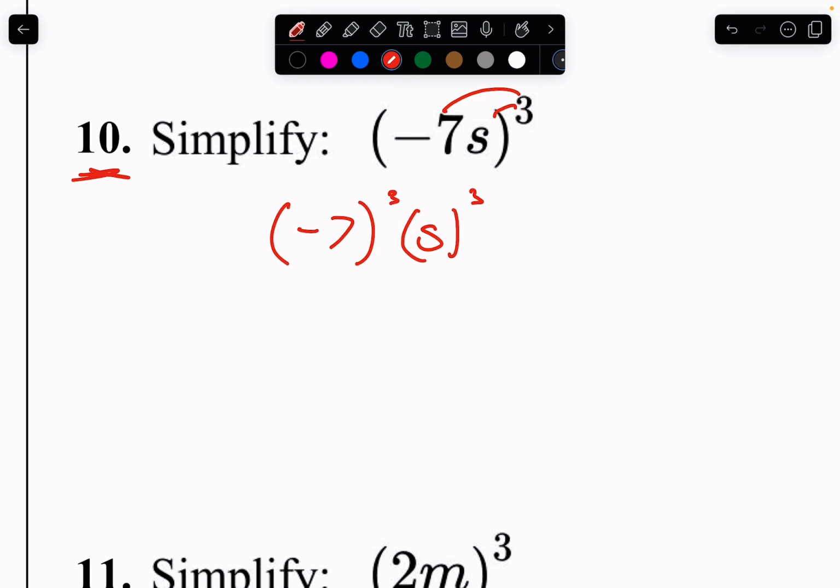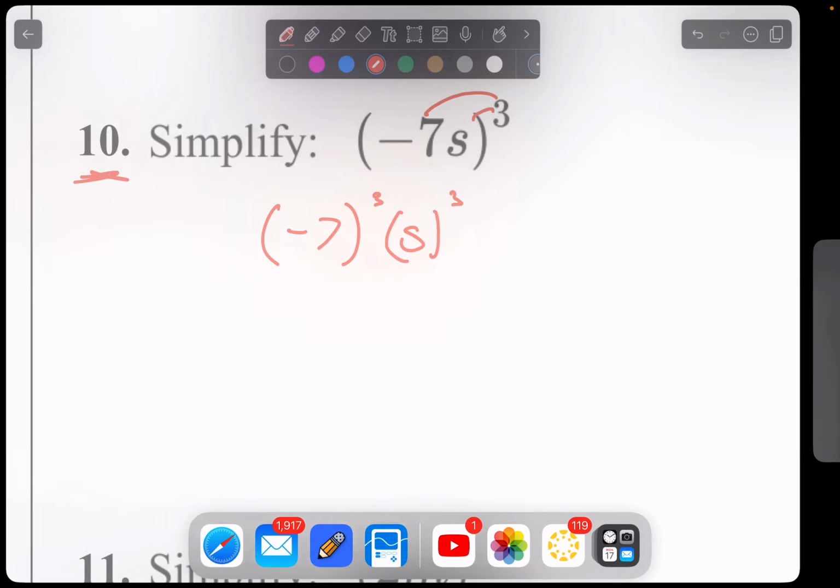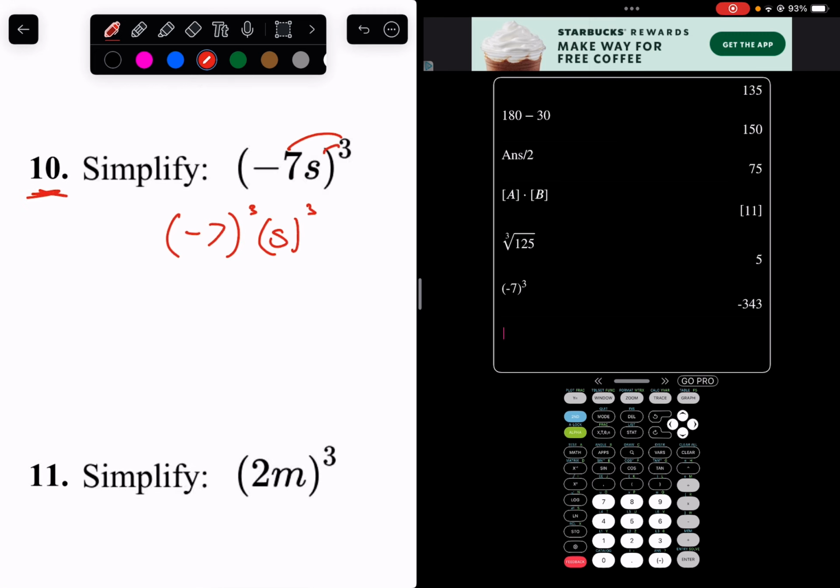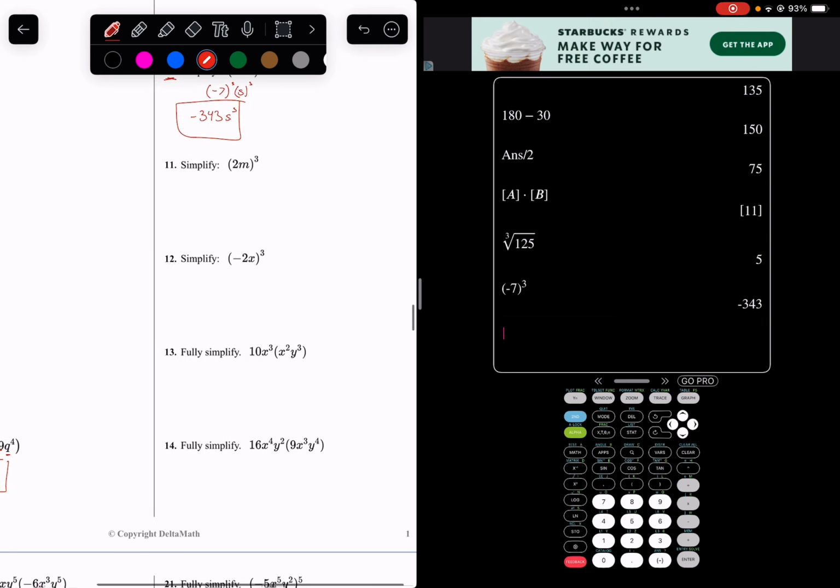When you raise a negative to an even number, that's going to make it positive. All right. So if you don't use those parentheses, it's going to mark it wrong because it doesn't change the sign. So negative 7 to the power of 3, we end up with negative 343. And then s to the 3rd. All right.